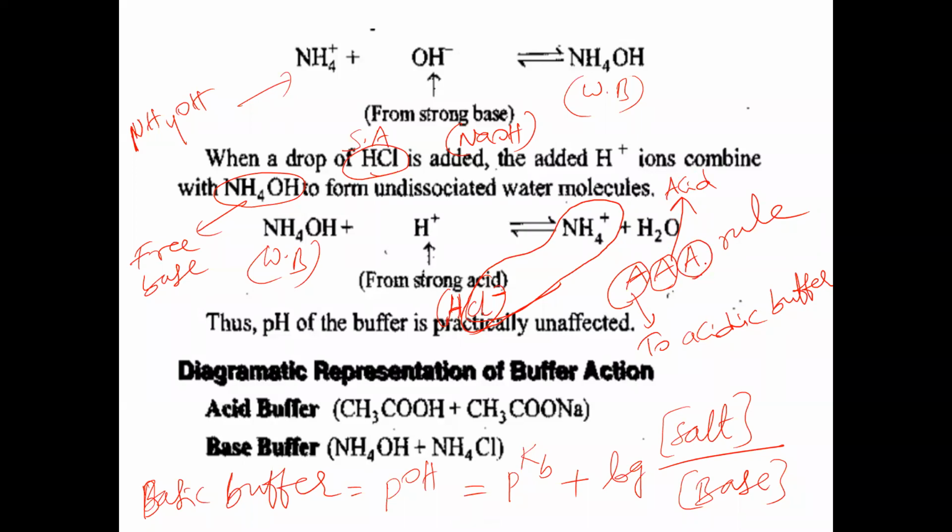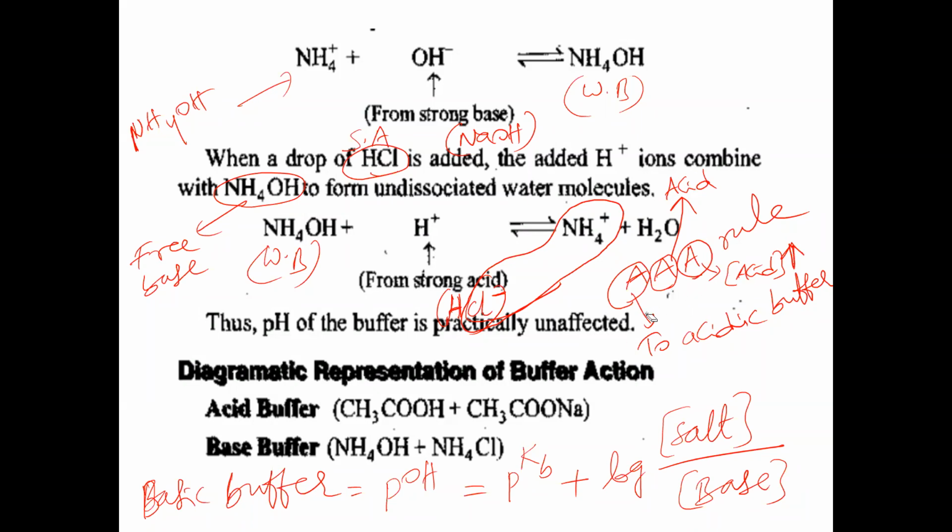Acid concentration will increase. A means acid here. So when acid is added to an acidic buffer, the acid concentration will be increasing. It is called the triple A rule. Got it?